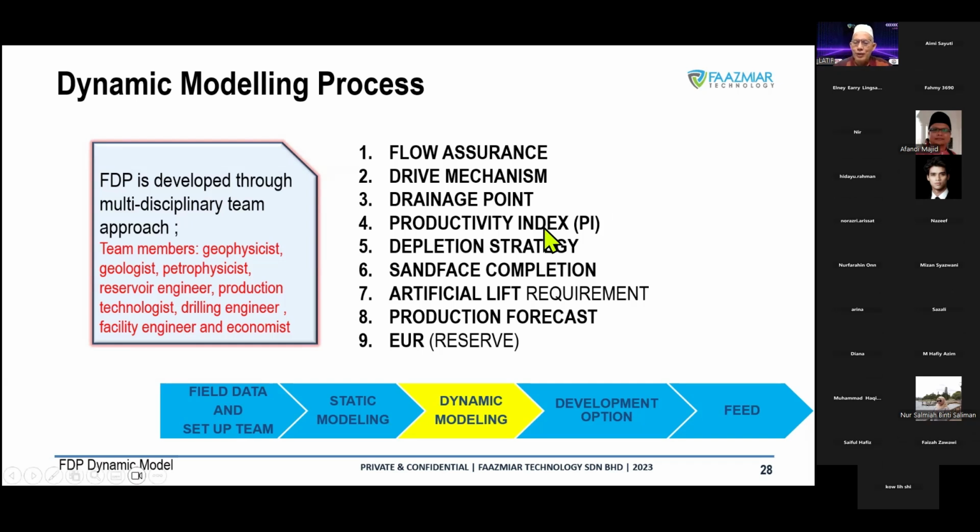That kind of index is per psi drop, pounds per square inch, the pressure drop. Depletion strategy, like we discussed before, sand facing, the damage around the wellbore radius effect and so on, is all done during the sand facing completion. Artificial lift, if required.